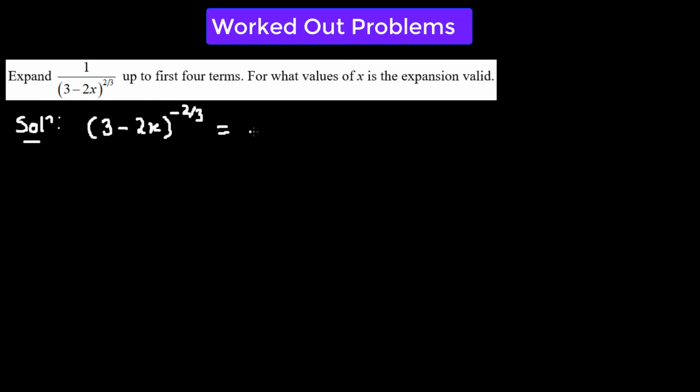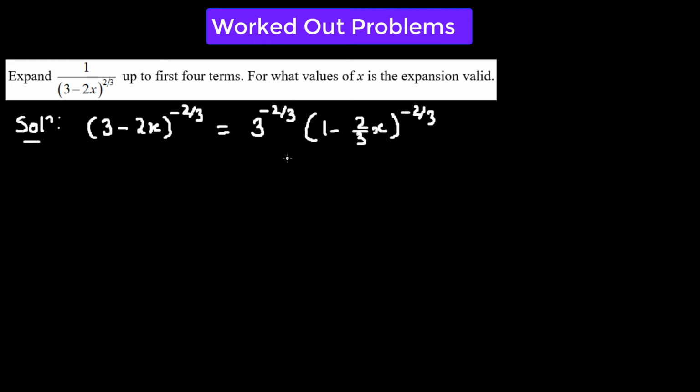Now we are going to factor out 3 such that we have 1 in one of the terms and the other term will have x, assuming that we are going to expand in increasing powers of x. So when we factor out 3, we have 3 raised to the power negative 2/3 times (1 minus 2/3 of x) whole raised to the power negative 2/3.